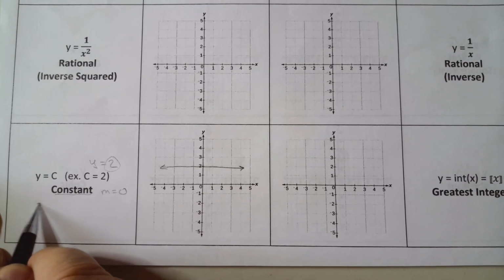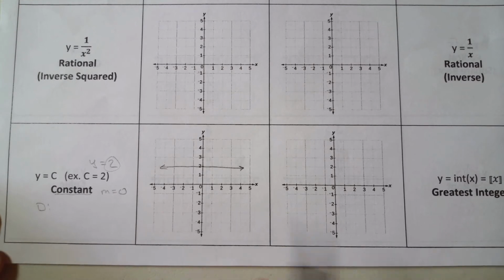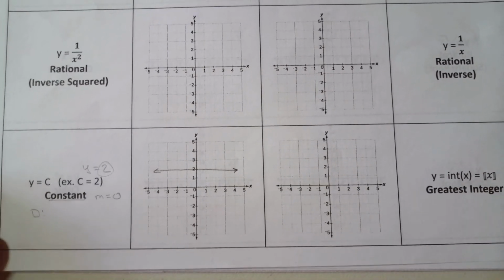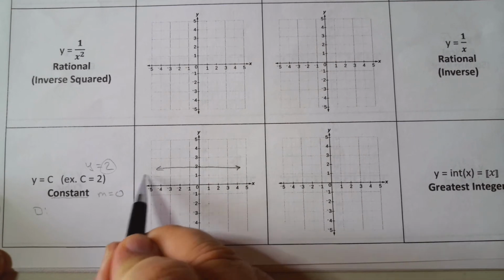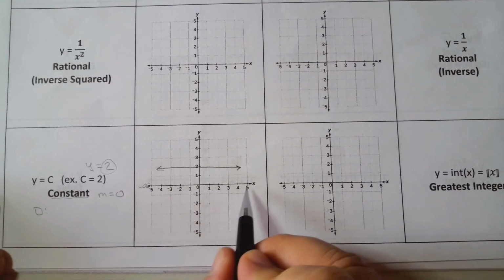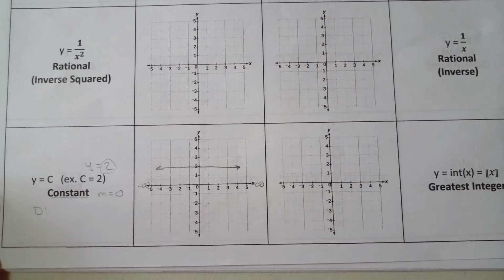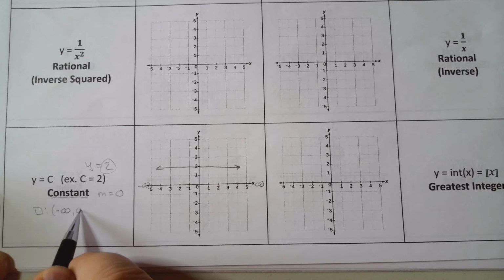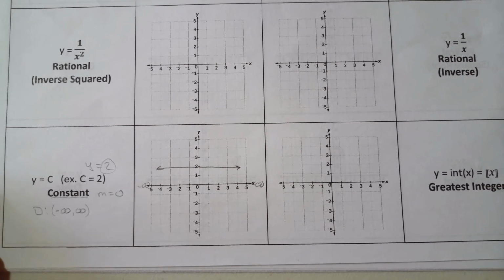The domain. The domain represents the x values of this graph. What are all the possible x values? Well, it goes all the way to the left to negative infinity, to all the way to the right to positive infinity. So it's everything from negative infinity to positive infinity.